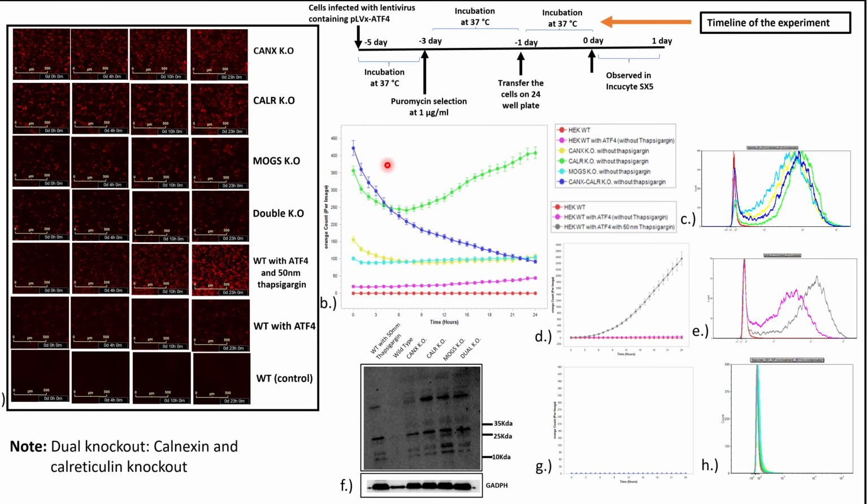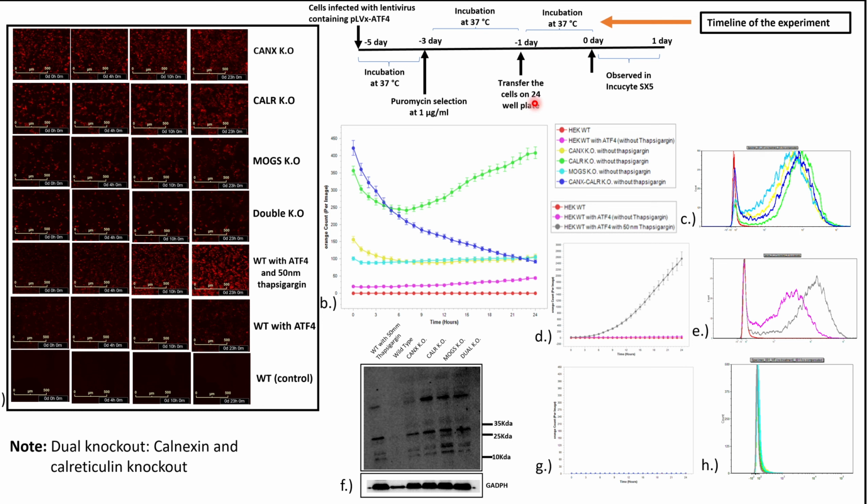And we did the experiment in this timeline. First, cells are infected with lentivirus that contains pLVX ATF4. Then they are incubated for 2 days. Then puromycin selection is done, as this plasmid contains an antibiotic resistance against puromycin, at 1 microgram per ml for 2 days.